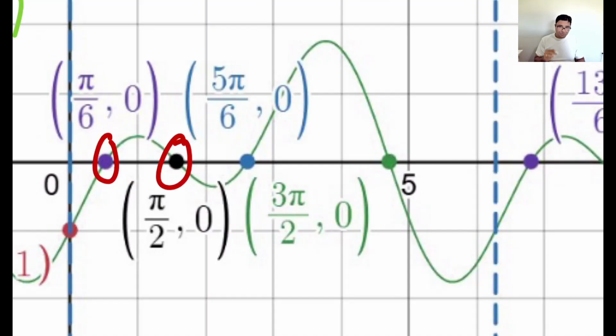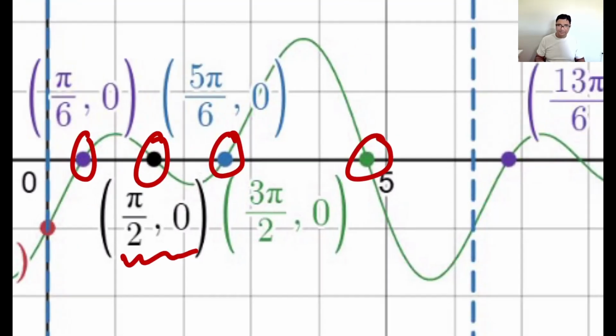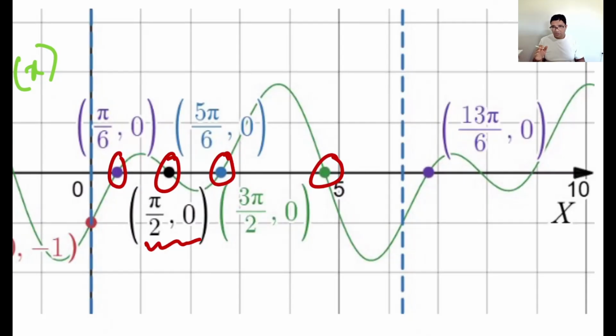So the second one was pi over 2, then 5 pi over 6, then 3 pi over 2. I stop there. Why? I have drawn here this vertical line at 2 pi. And I'm to write solutions between 0 and 2 pi, right?